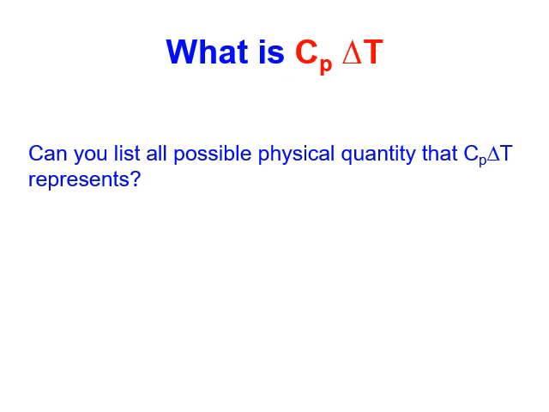Now let's think what Cp delta T represents. First, heat capacity times temperature change is used to calculate the heat. And heat capacity here is constant pressure heat capacity. So Cp delta T must represent heat under constant pressure. That's because of the definition of heat capacity.